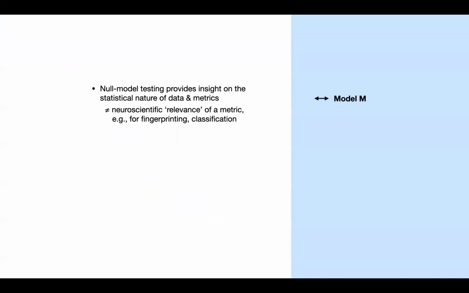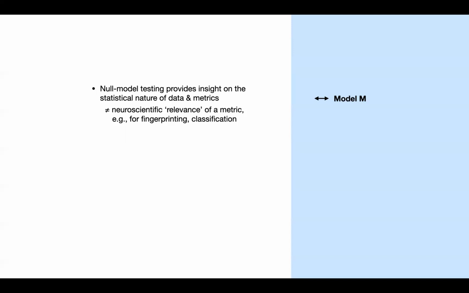So, three final take-home messages. First, it is not mandatory to perform null model testing to validate the usefulness of your metric of interest for fMRI dynamics. It's not going to be informative about neuroscientific relevance for fingerprinting, classification, and things like that.